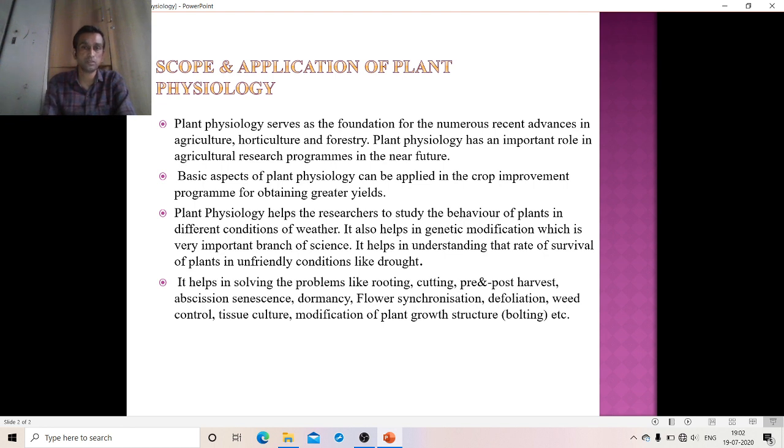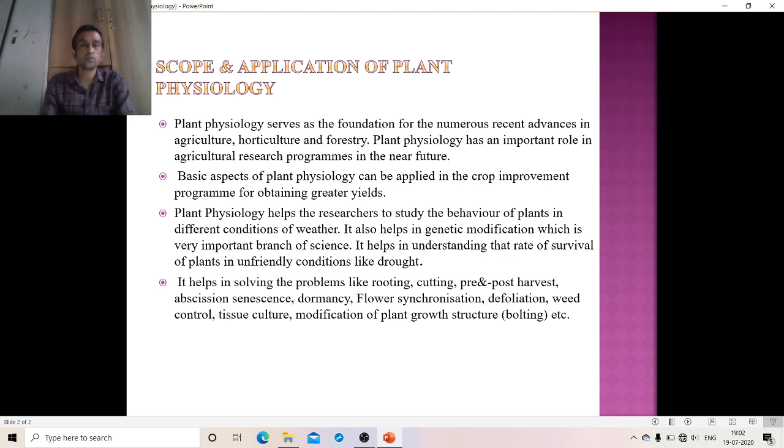Then abscission, senescence, and dormancy: means we study the abscission and senescence period, then the dormancy period of the plant. When we know these concepts, we know the physiology of the plant. Then flower synchronization, defoliation, weed control, tissue culture. One of the most important topics is tissue culture.